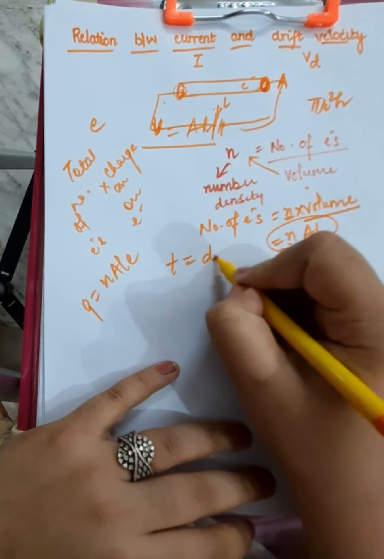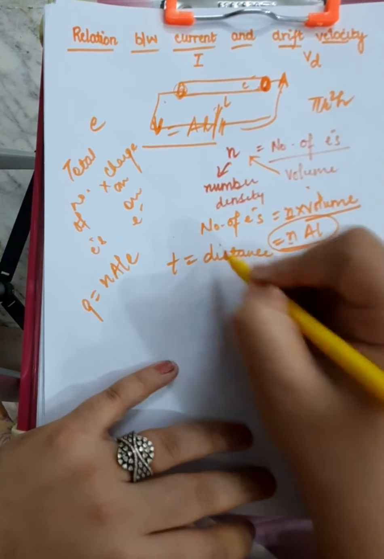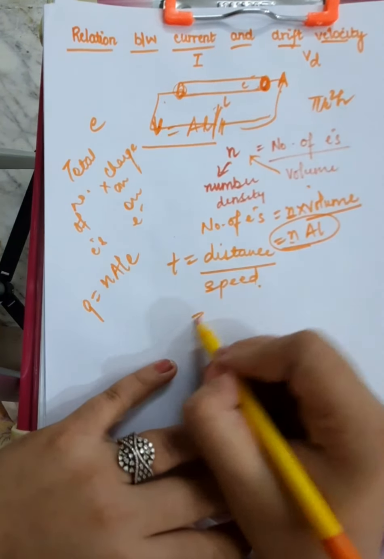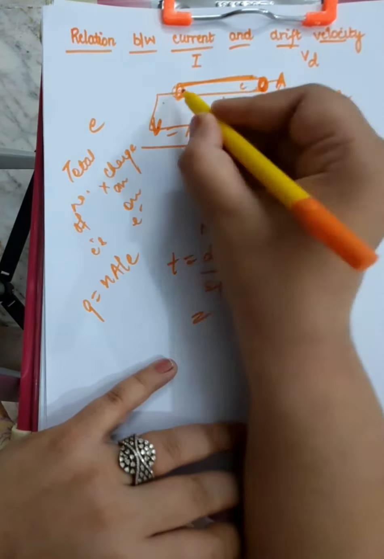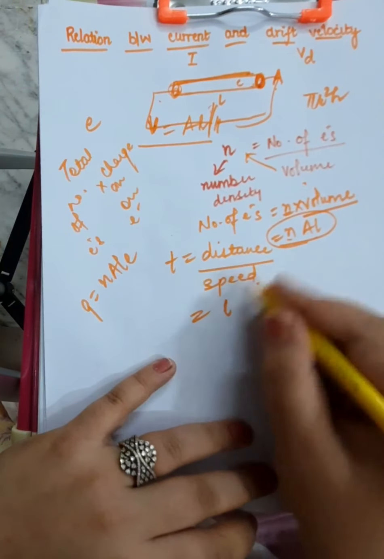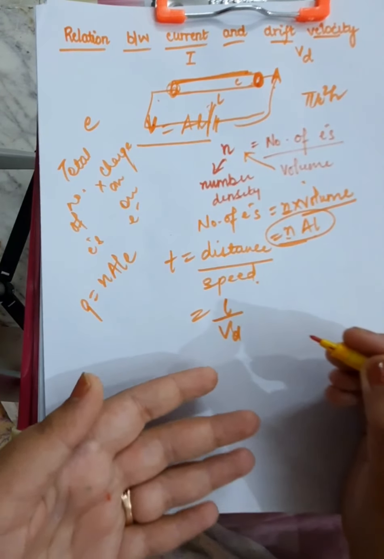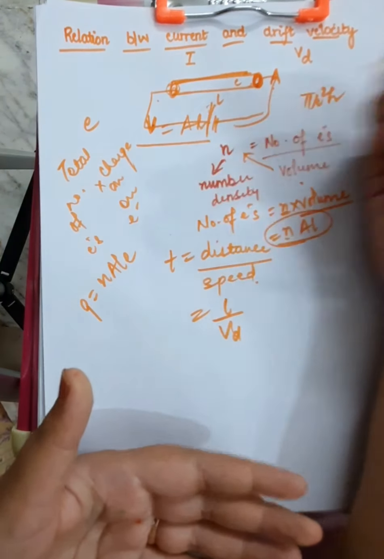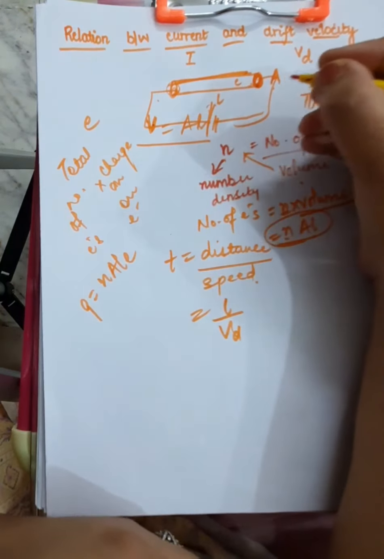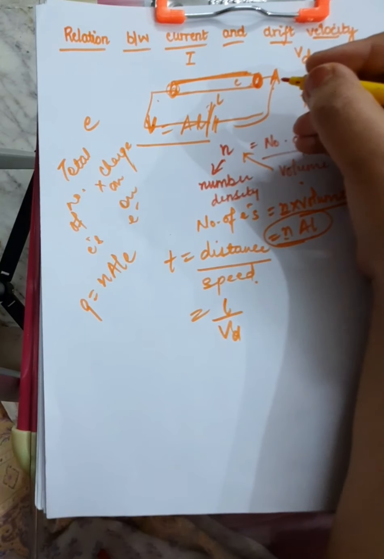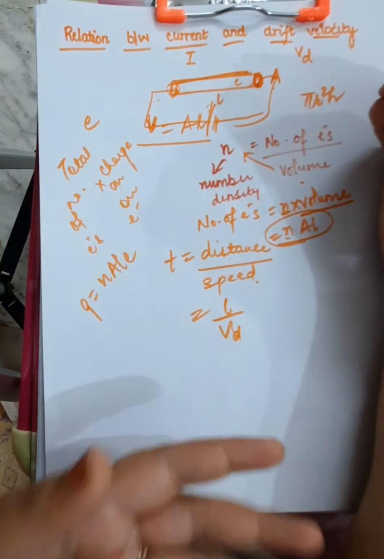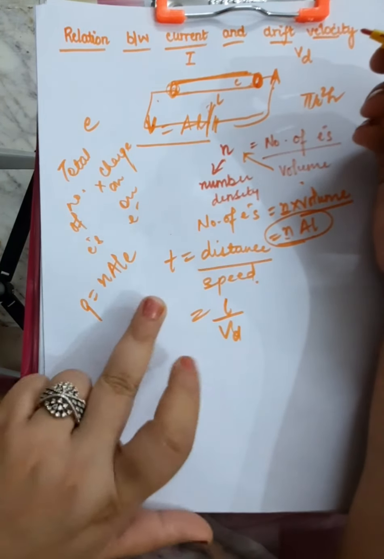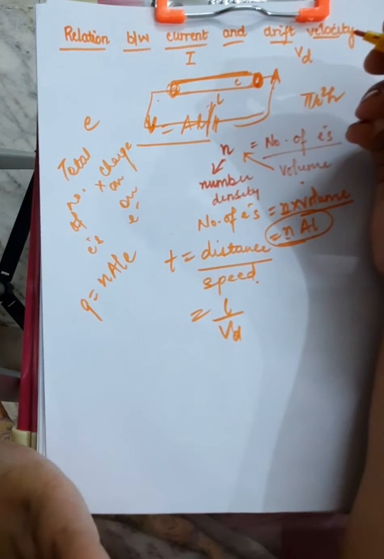Time is always equal to distance divided by the speed with which the electron is moving. The distance is the length of the conductor, so it's L. And the speed is Vd, the drift velocity, because this speed has come out because of the battery that you have attached. Otherwise, the velocities were so random that the average thermal velocity was coming out to be 0, right? So T is coming out to be L by Vd.